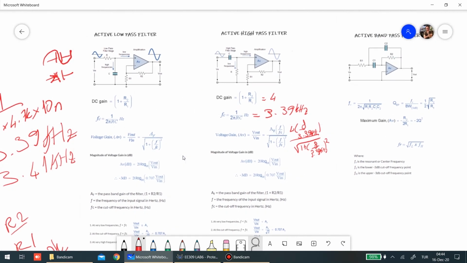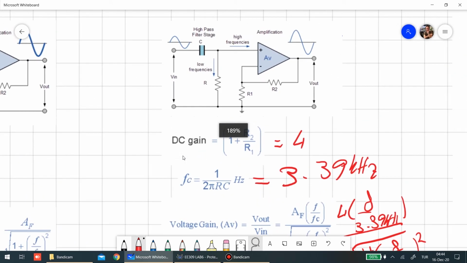So let's talk about the high pass filter at this time.